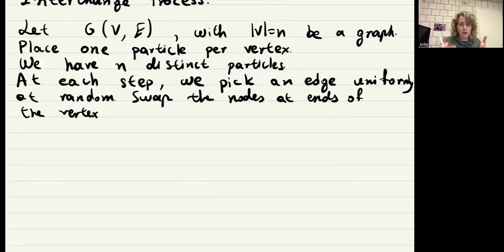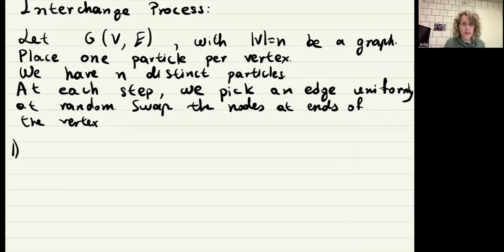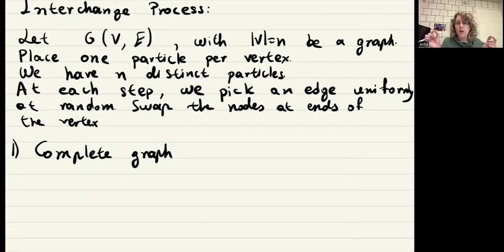I will rephrase this type of setup in the wording of card shuffling. The way to do it is to ask what happens, for example, in the interchange process if we look at the complete graph. Any two nodes are connected.